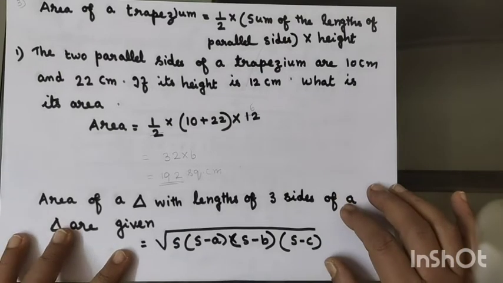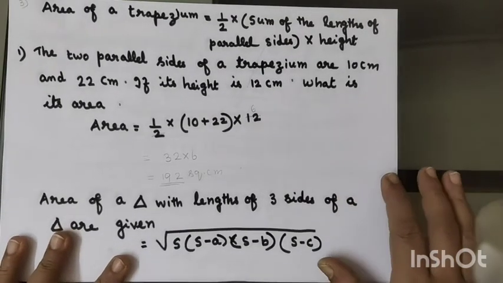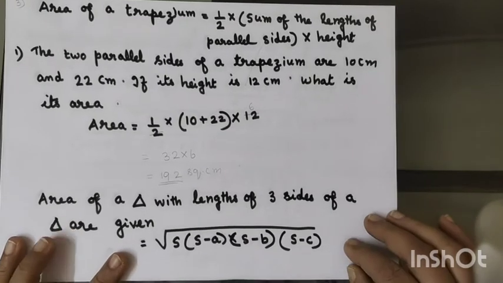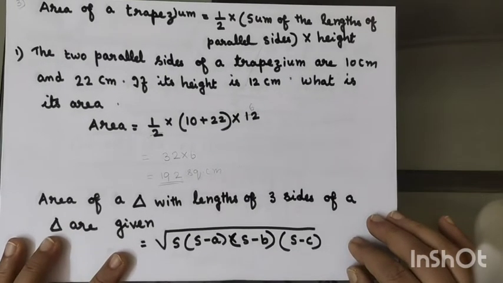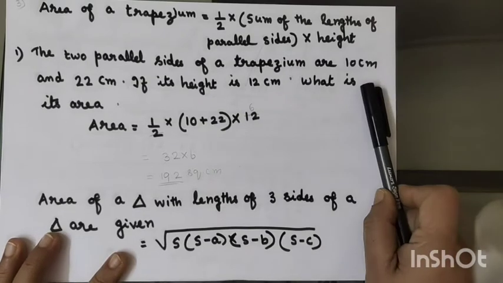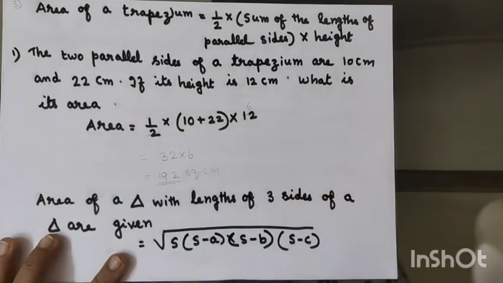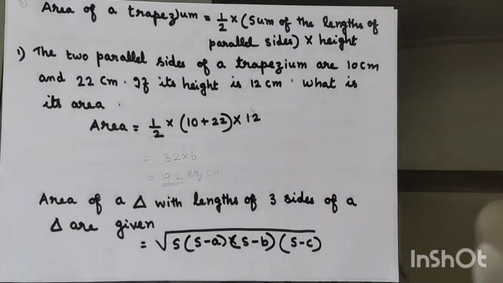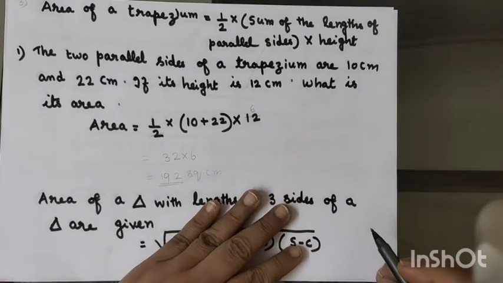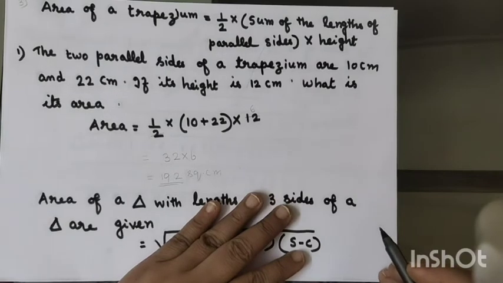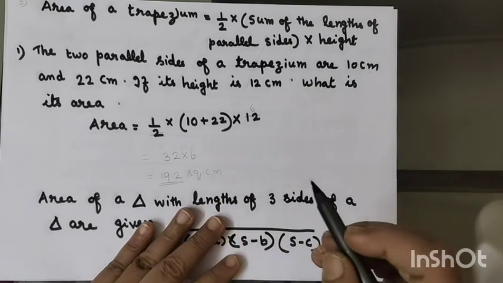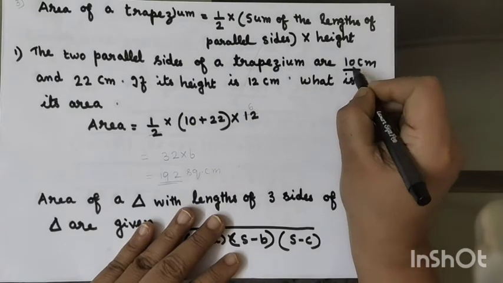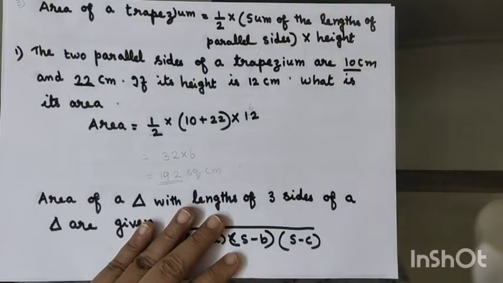Now, first one, the two parallel sides of a trapezium are 10 centimeter and 22 centimeter. If its height is 12 centimeter, what is its area? So in a trapezium, length of the parallel sides is given, that is 10 and 22.